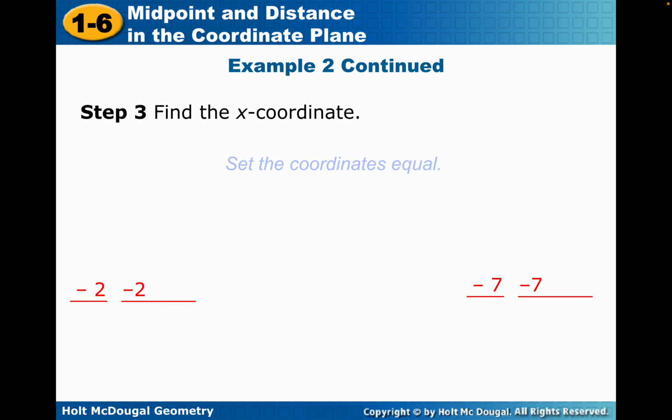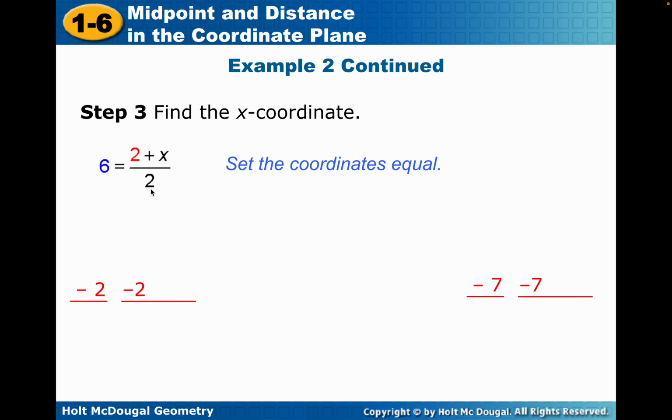Okay, so let's go ahead. We got to find the x coordinate. So the first thing we have to do is set the coordinates equal. So since 6 is our x coordinate of the midpoint, we're going to put 6 equals 2 plus x divided by 2. All right. In order to solve, we can't just divide our 2's, okay, because this is 2 plus x.